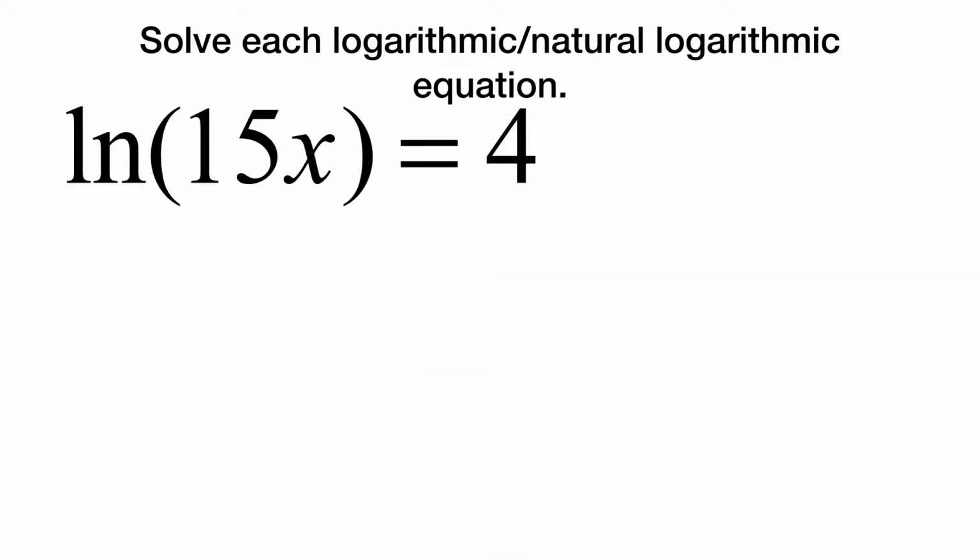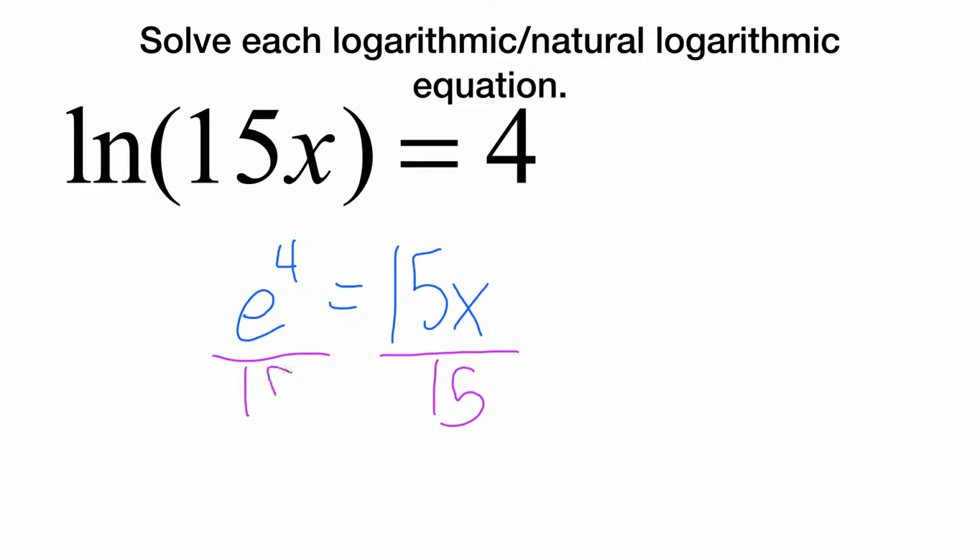Okay. So now this says natural log of 15x equals 4. So I'm going to rewrite this, but remember our base if it says natural log is e. So that means e to the 4th is equal to 15x. So our only step is going to be divide by 15. And I'm going to do that before I do e to the 4th because when I can wait until the last minute to have our long irrational numbers, I will, to be perfectly honest.